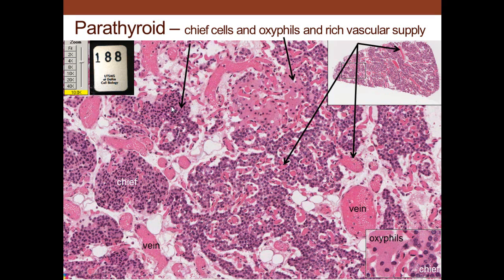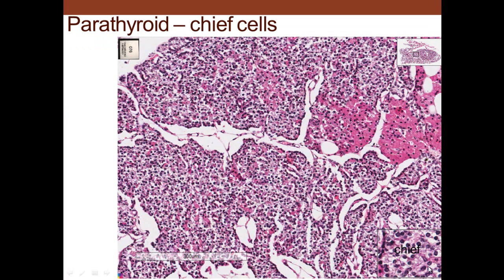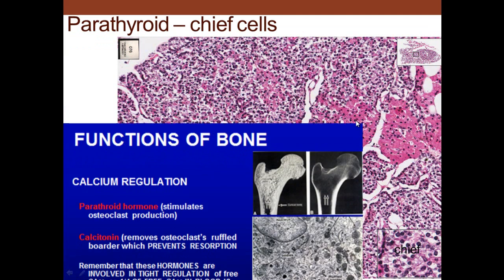And these other structures in here are little venules or veins that we see. So oxyphils, chief cells. And also, as I was going to mention, a rich vascular supply. So here we have places where we see the capillaries in through there. So these are the chief cells and the oxyphils.